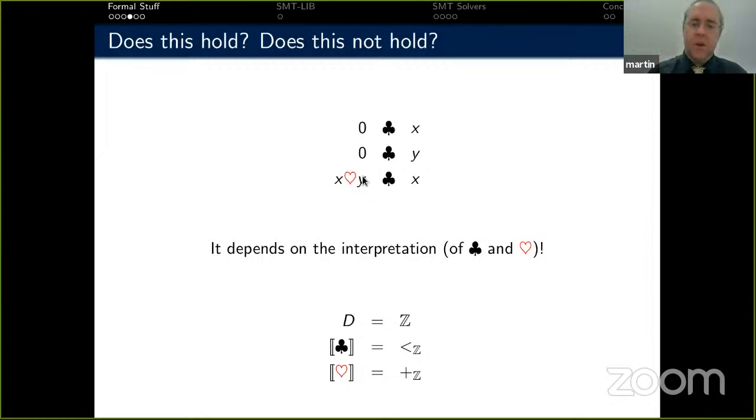So does it hold? Does it not hold? It depends on the interpretation.